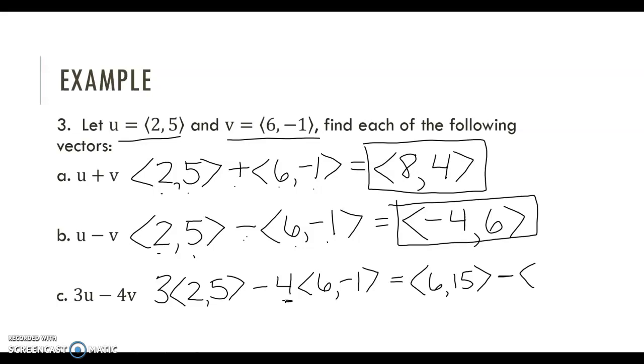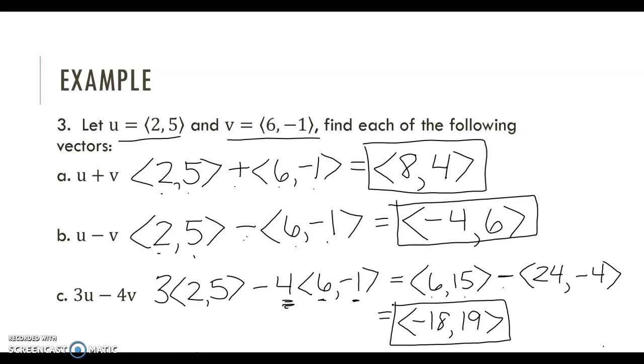So then I'm doing 4 times 6, which is 24, and 4 times -1, which is -4. And then I'm going to subtract for my final answer. So 6 minus 24 is going to give me -18, and 15 minus a -4 is going to give me 19 for a final resultant vector of -18, 19.